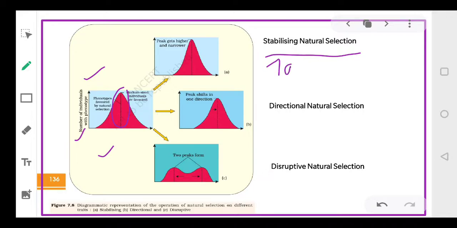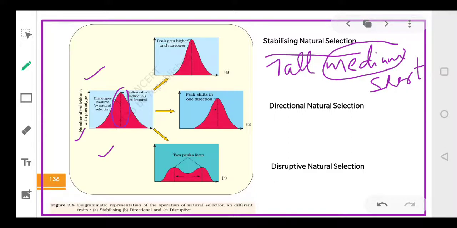We have 3 categories of individuals. In the case of stabilizing natural selection, the medium individuals are selected, they are favored. If the medium individuals are favored, this means it is a stabilizing natural selection.